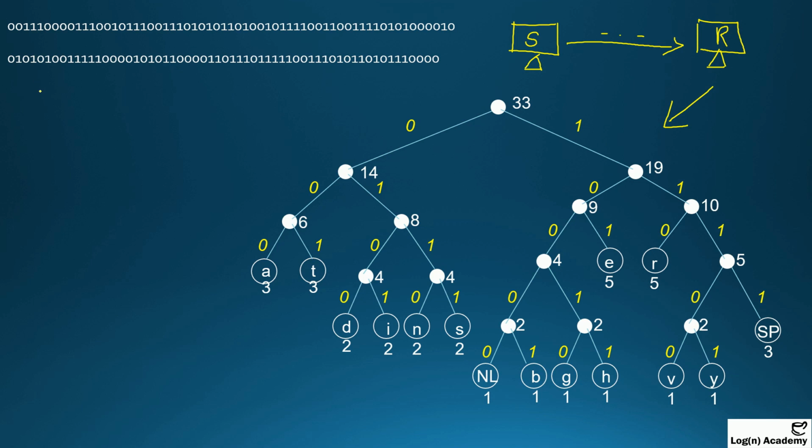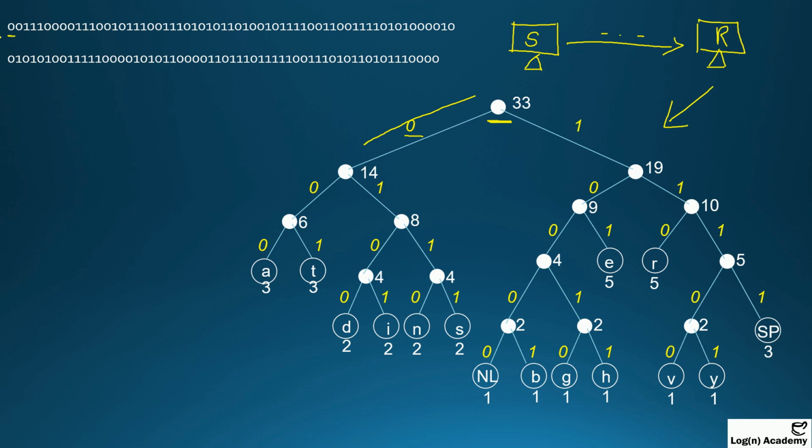So let's start with the zero. What will the receiver do? He will start from the root node, and he will pick the first number, which is zero, and traverse towards zero. Where is zero located? It is located on the left hand side. So it will traverse to this part.